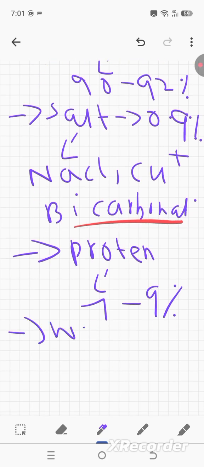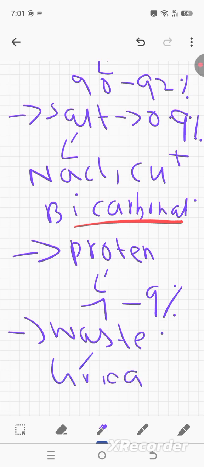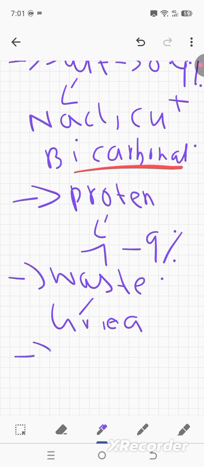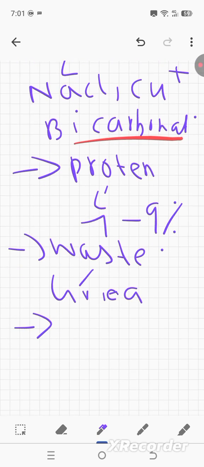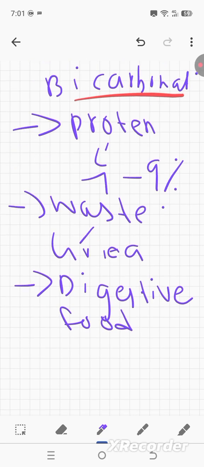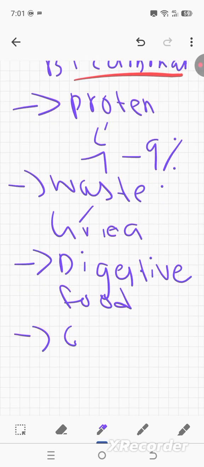In plasma we also have waste, urea, and some digested food particles, and gases. As the blood is transported, we have gas inside it, sometimes carbon dioxide and sometimes oxygen.